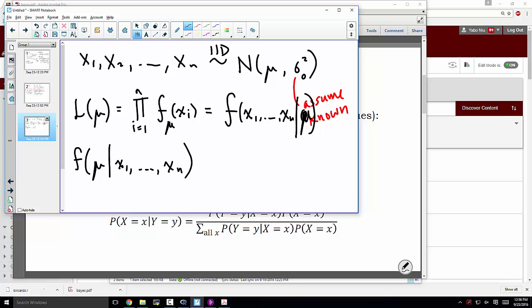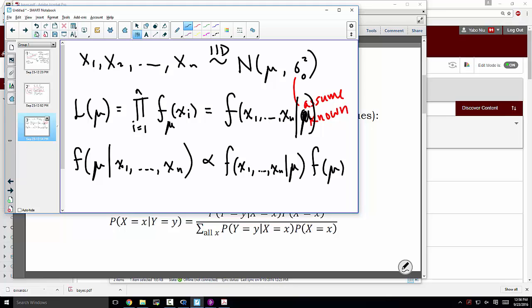So this can be thrown into Bayes' theorem. f of mu given the data is proportional to f of the data given the parameter, times, I need some distribution for mu.